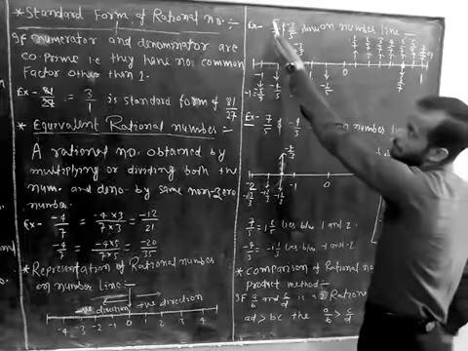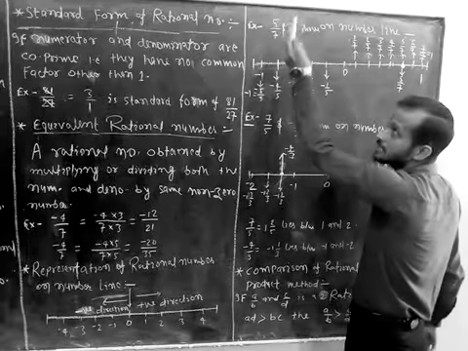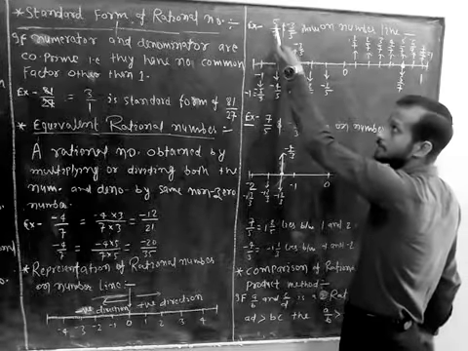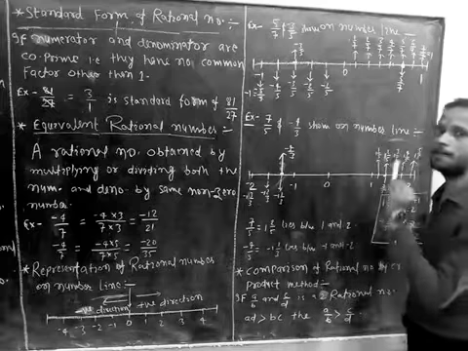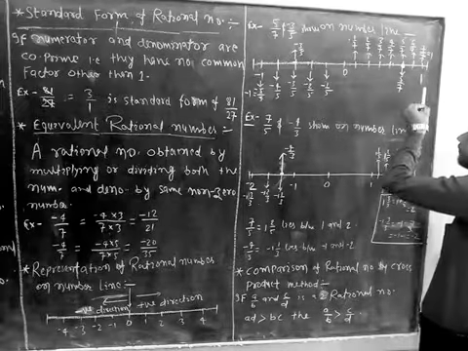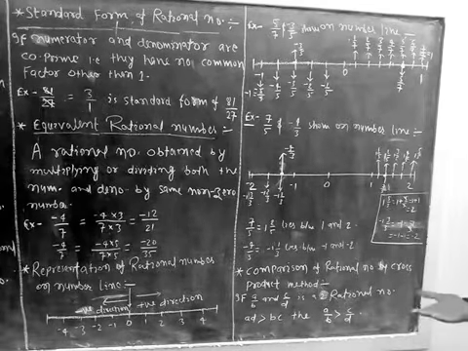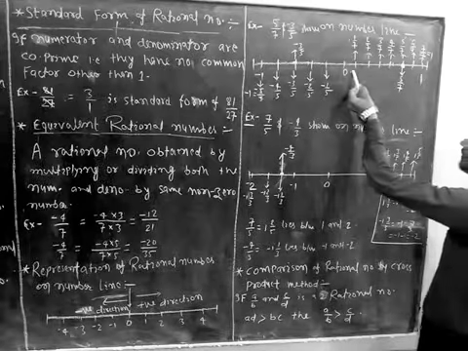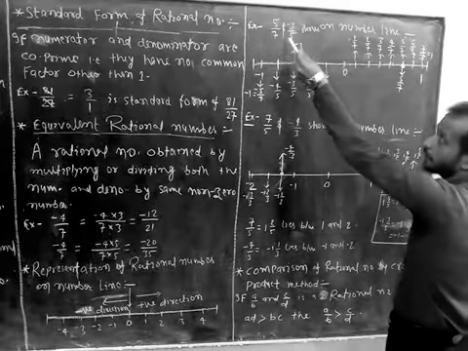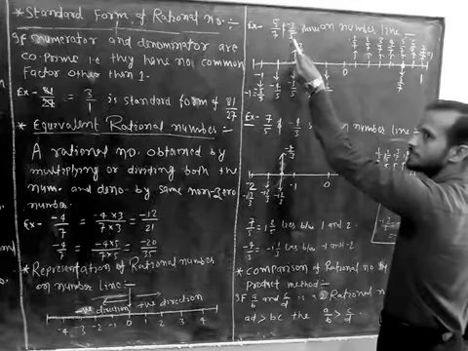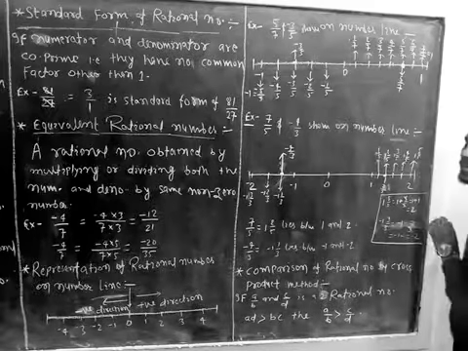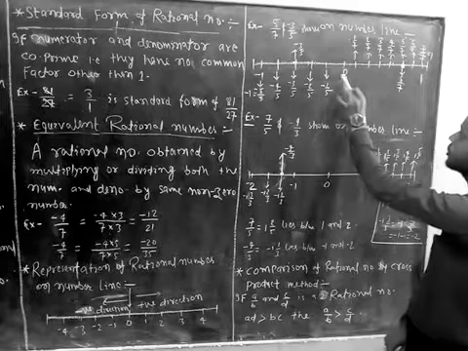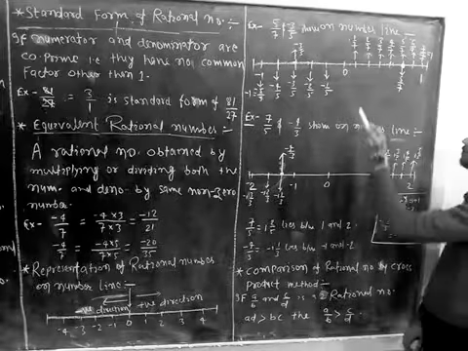For 5 by 7, 5 is less than 7, so this rational number lies between 0 and 1. And where does it lie? First see the denominator. The denominator is 7.